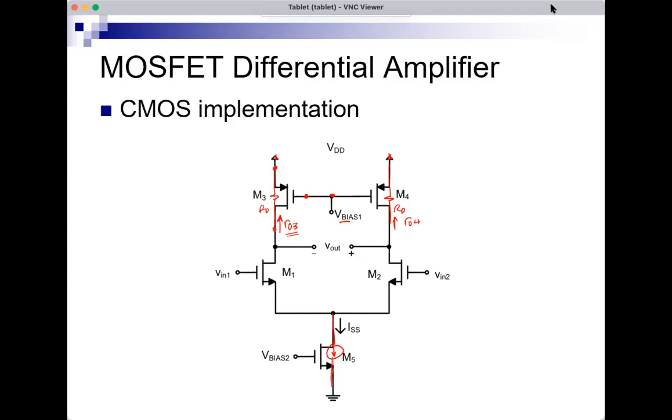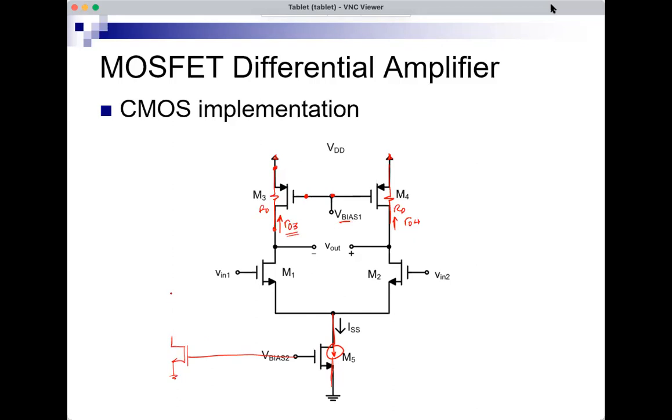What about the current source? Can I use a MOSFET to build a current source? Yes, of course. We saw that we can use MOSFETs to build current mirrors. So this may be M5, maybe just mirroring something. This may be coming from a circuit that I am not showing, something like this.